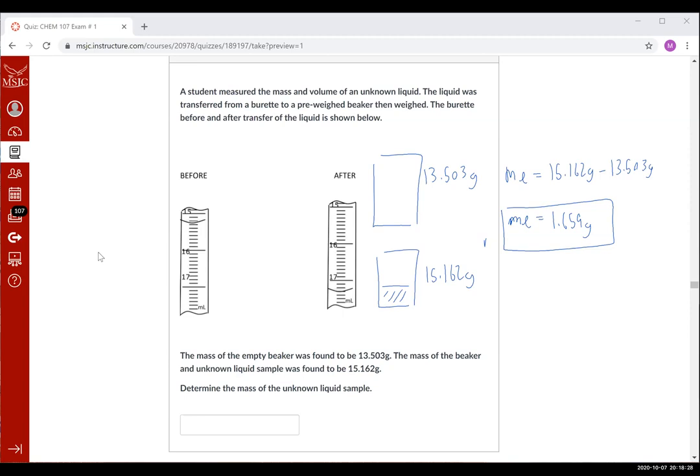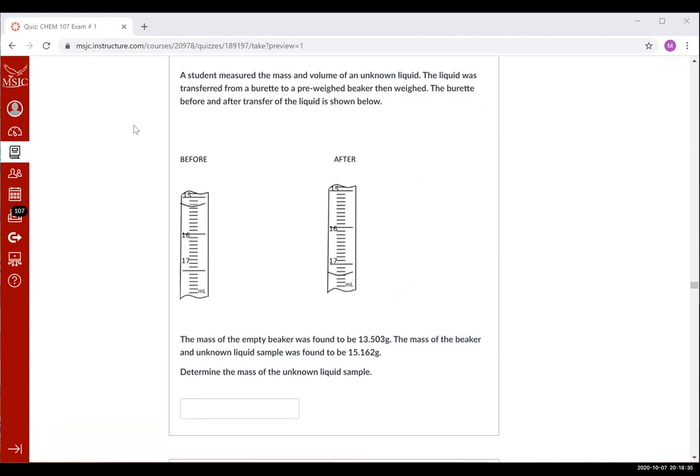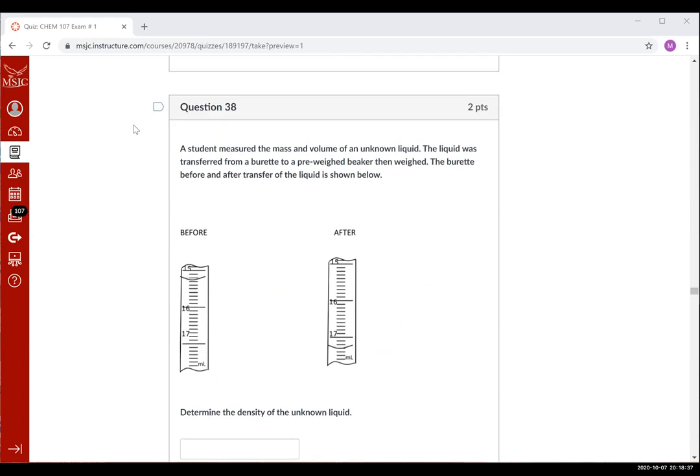Any other questions? Now that we have the mass and the volume, we have enough pieces of information to calculate the density. So we know that the density is equal to the mass over the volume.